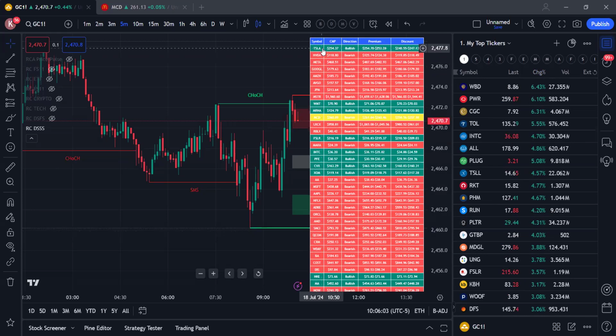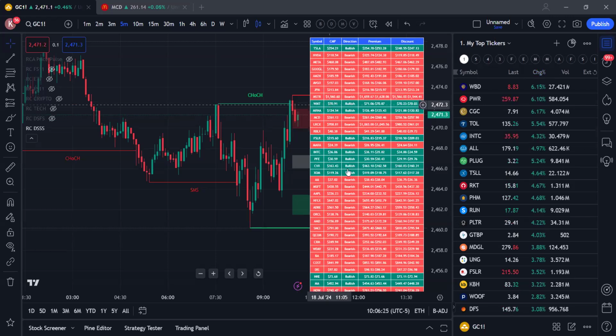Right. Let us also look at, for example, Tesla. It is showing very bullish. Right. Again, we don't have anything in blue or yellow color. So when you don't have anything in blue or yellow color, then the other thing you can do is check if some of these stocks are at a huge buy order block. Right?